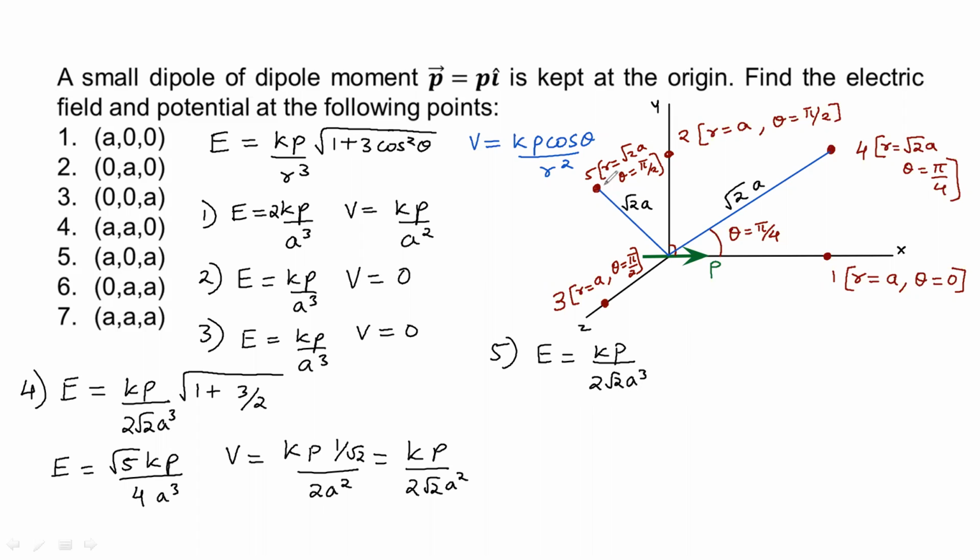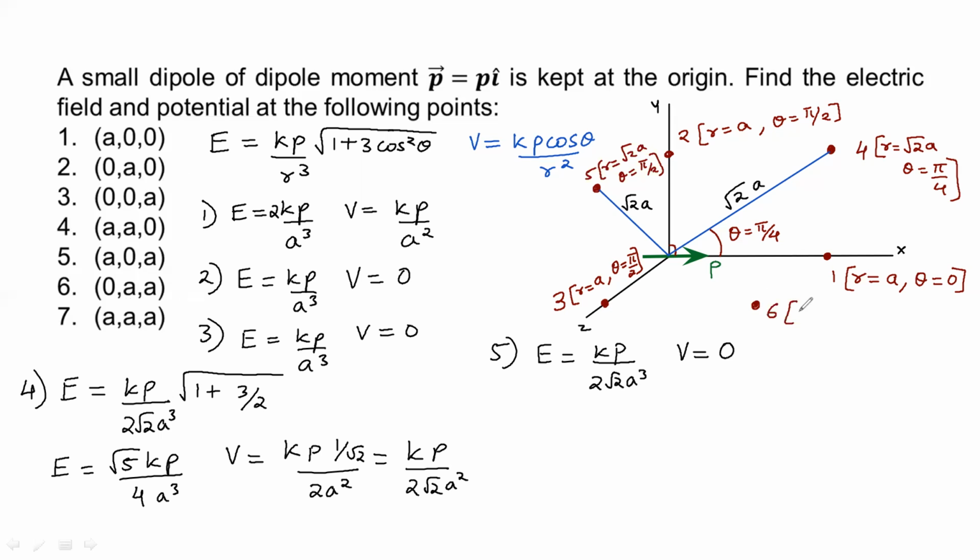And since this point is on the equatorial plane, you can say that voltage is going to be equal to 0. All right. Now, the next point is point number 6, which is on the xz plane. If you try and mark that point, you can see that it is here, and there isn't much difference between point 4 and point 6.